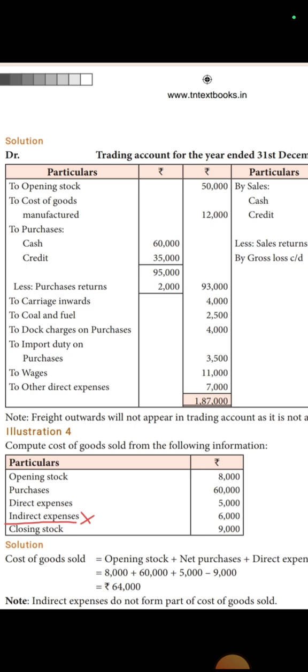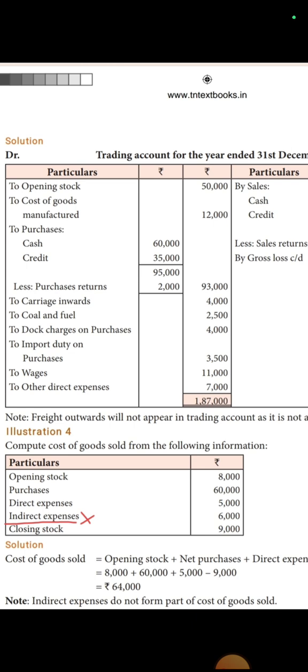Okay, then tell me what items are shown on the debit side of the trading account: opening stock, net purchases and direct expenses. What is meant by direct expenses? All the expenses related to the purchase of goods and bringing the goods to the godown or business premises.